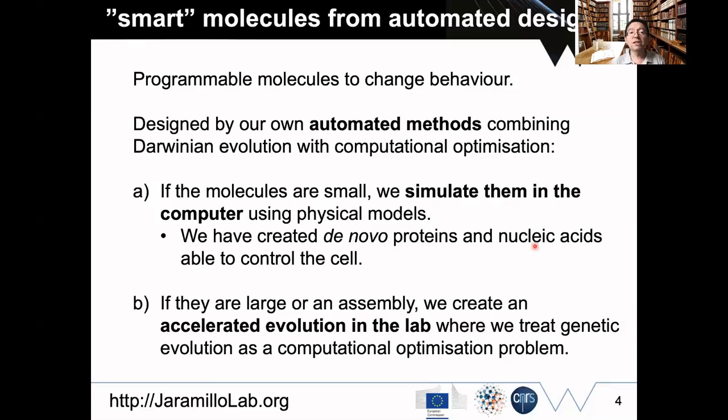Therefore, what we do is we use bioreactors with living cells, and we express those molecules inside the cell, and then we use the same type of algorithms we use in the computer to accelerate the evolution, but experimentally.